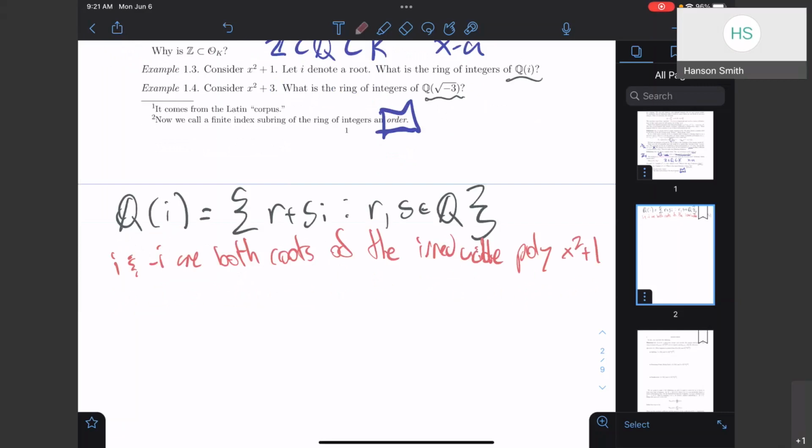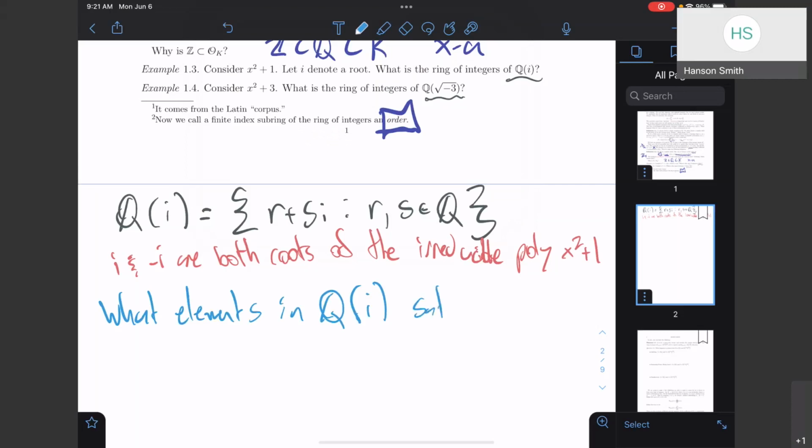So the question becomes, what elements in Q adjoined i satisfy monic polynomials with coefficients in Z? That's our question.